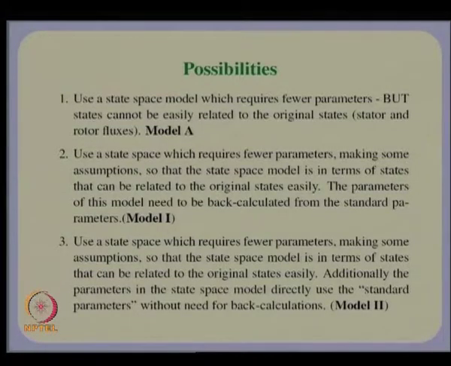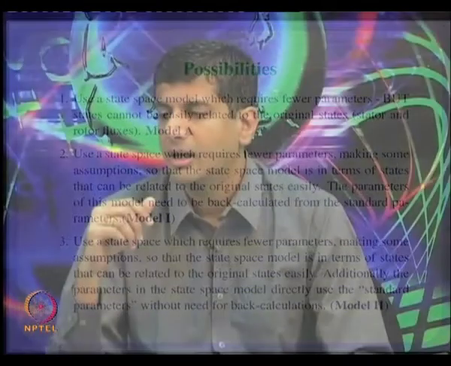The other possibility is to use a state space model which requires fewer parameters, but by making certain approximations and assumptions, we obtain the state space model in terms of states which can be related very easily to the original states. For example, we can have a state psi f dash, as I will show you shortly, which is proportional to the original state, the rotor flux psi f.